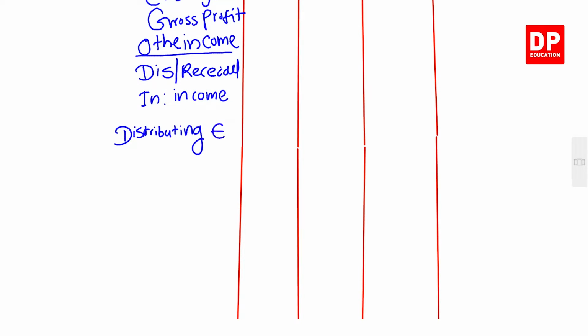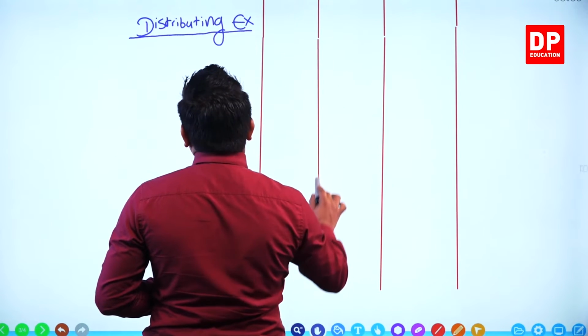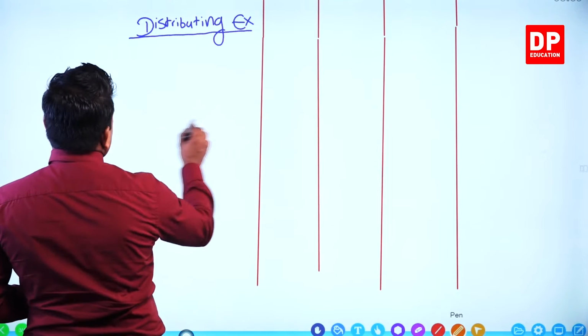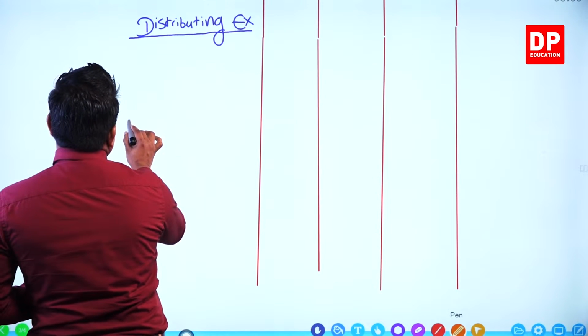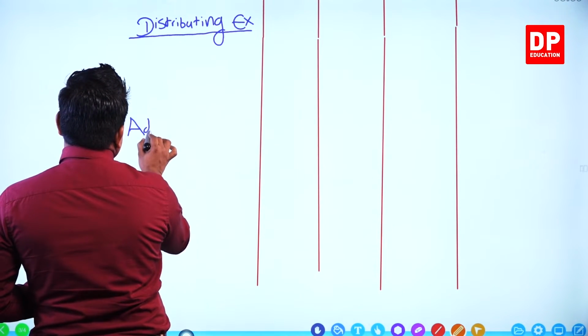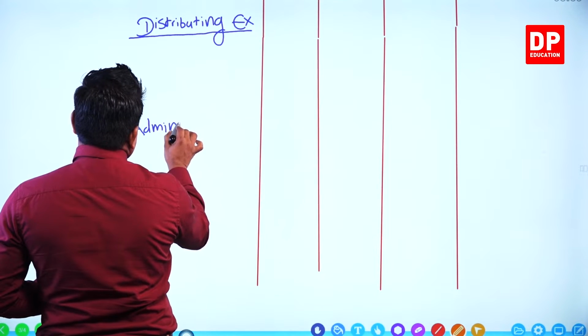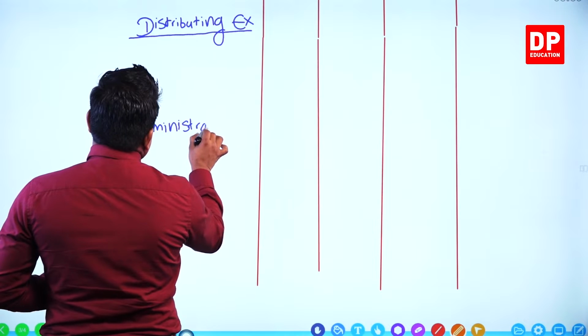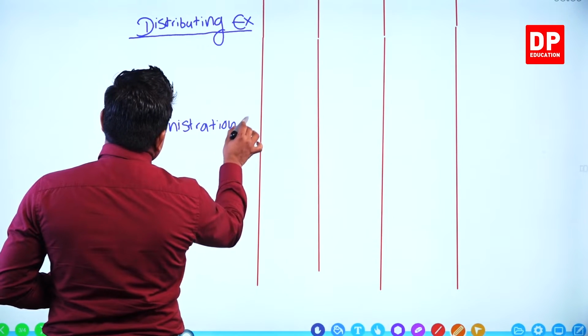Distributing expense. You give space like 4 rows, right? Then administration expense.